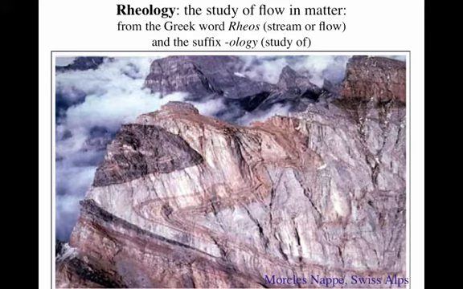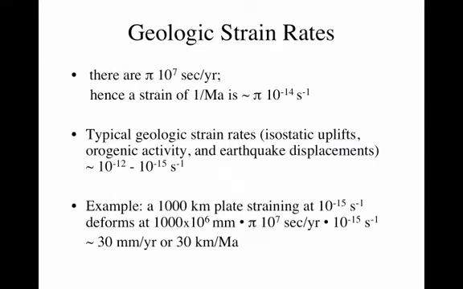And what we've been discussing is really a discussion of rheology, and that is the study of how matter flows, whether it is behaving brittly or ductily. That is a difference in rheology, and that derives from the Greek word for stream or flow, and an ology, study of.